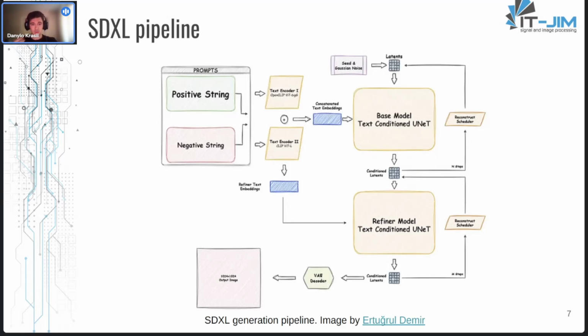There are now two text encoders, and therefore we may use two different pairs of prompts. And also there are two UNet models, base and refiner, and a single variational autoencoder, but it's improved too. So let's discuss each component individually and see what's new in Stable Diffusion XL.